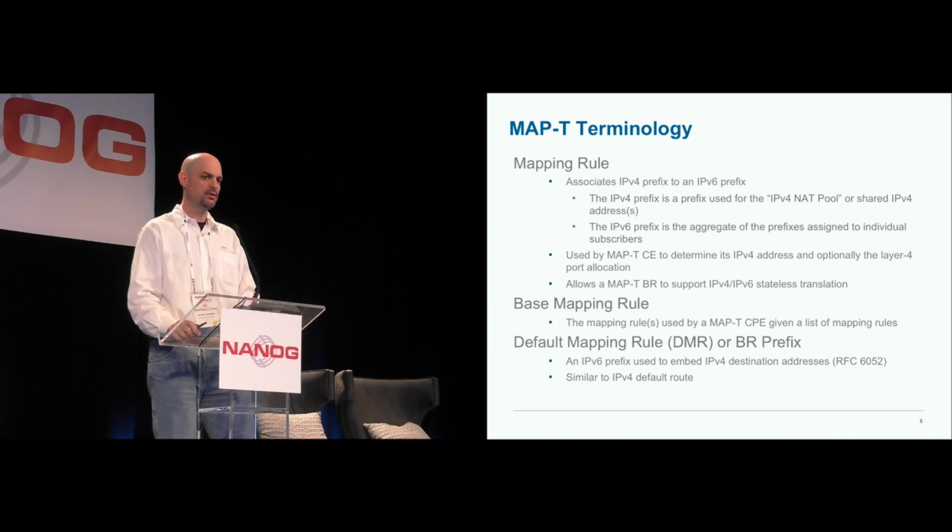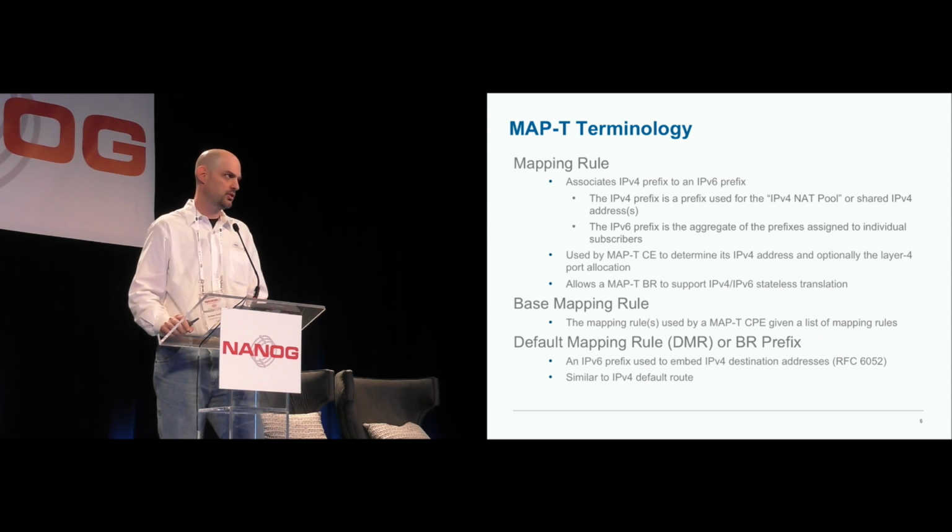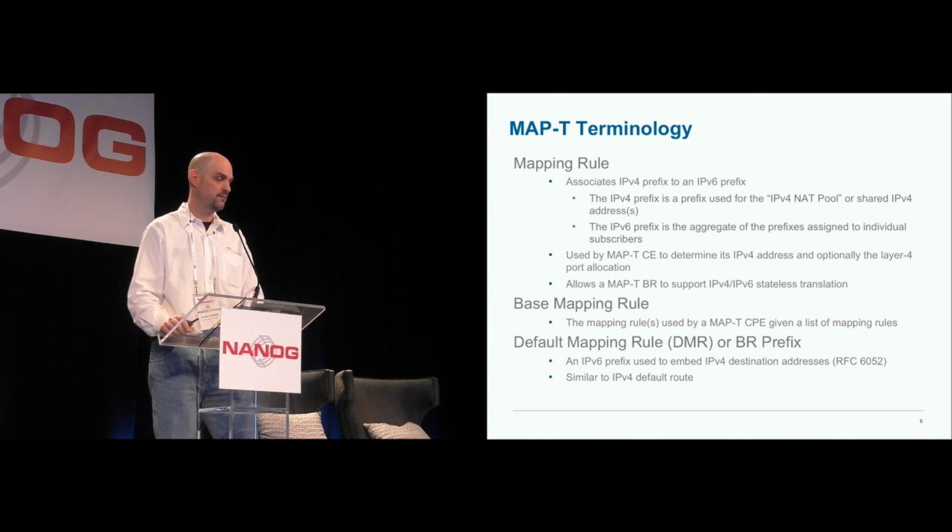Default mapping rule is very, very similar to the notion of a default route for MAP-T. It involves using and originating an RFC 6052 style prefix from the border relay. What you do with this prefix is you embed Internet IPv4 destinations within it.